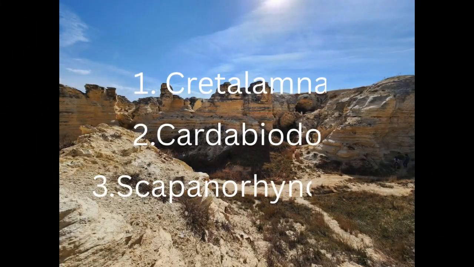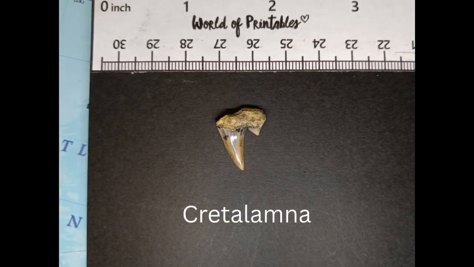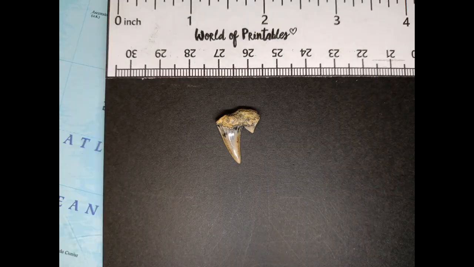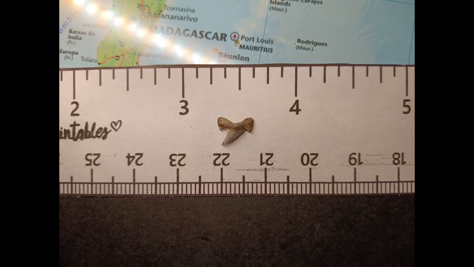The next three teeth I will show you are not as plentiful, but they aren't hard to find either. Cretalamna teeth are bilobate. However, the tips of these teeth are sort of geometric and squared off. The interlobe, which is a dip between the root, is usually U-shaped in the upper teeth and then V-shaped in the lower teeth.